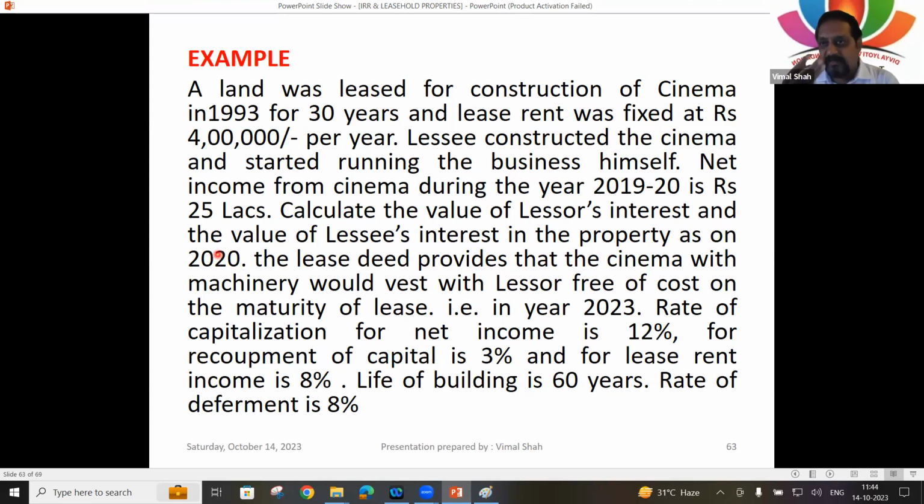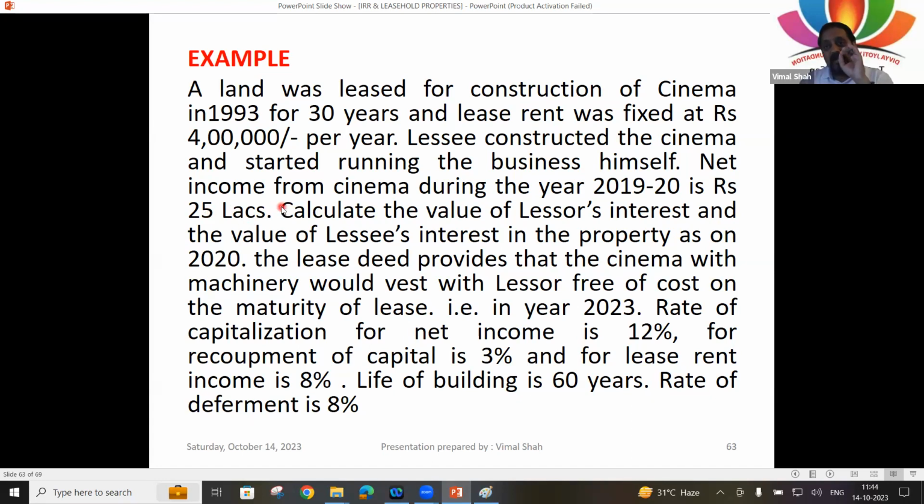Lessee can run the cinema for 3 more years. So he can earn from the cinema for next 3 years. So we will capitalize the net income from the cinema for next 3 years. Now, what is the net income from the cinema? 25 lakhs per annum. So that is his NI. So this NI we will capitalize for next 3 years.